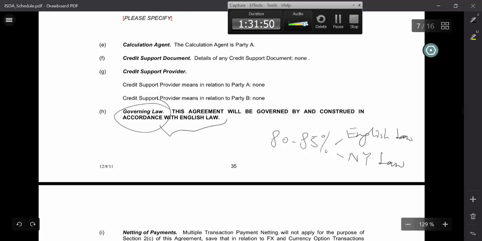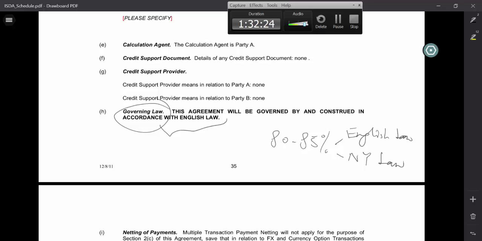Now, what does that mean? So, for example, let's say Cathay Pacific, it's a Hong Kong company, negotiates an ISDA with Bank of Tokyo Mitsubishi, which is Japanese. Now, one is Hong Kong based, the other is Japanese. And so they negotiated this, they start trading derivatives.